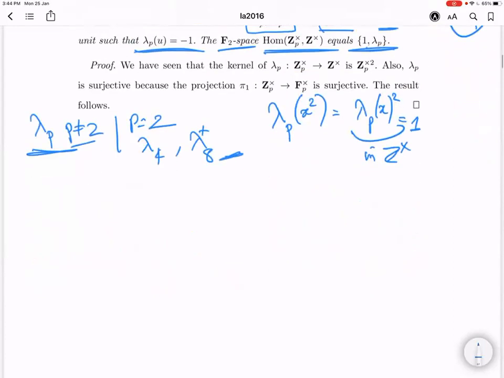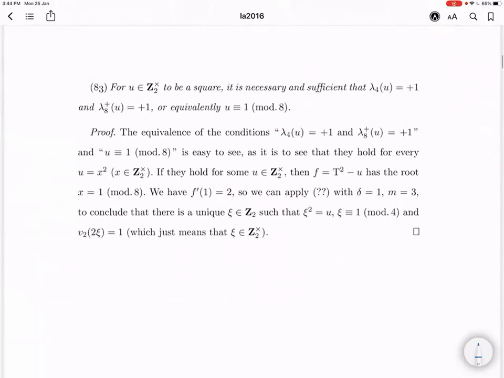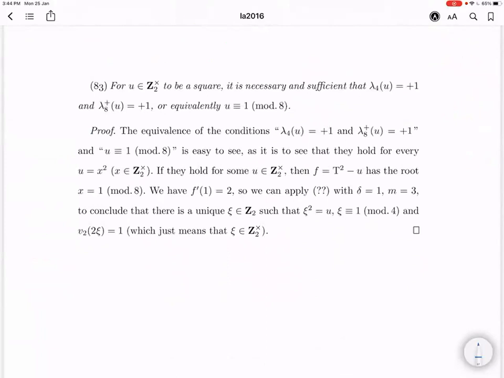So that was for p odd. Let's do it for 2 as well. When is a unit in Z2 star a square? Here a necessary and sufficient condition is that lambda 4 of u should be +1 and lambda 8 plus of u should also be equal to +1. And these two conditions are equal to u being congruent to 1 modulo 8.